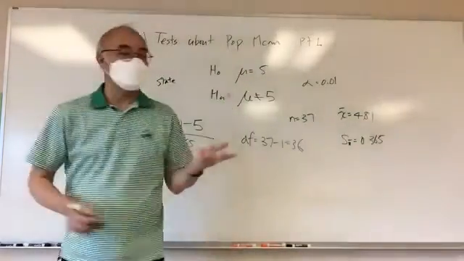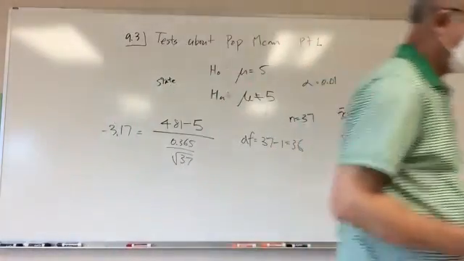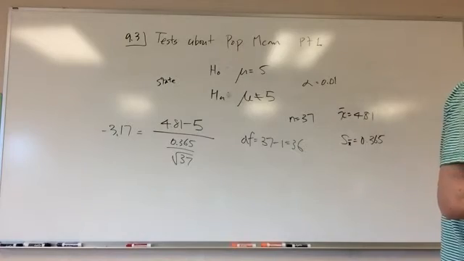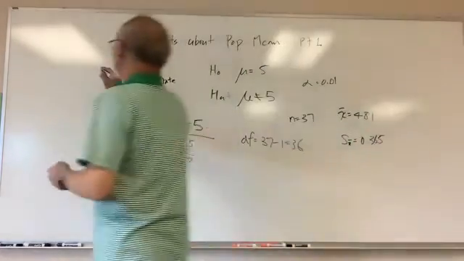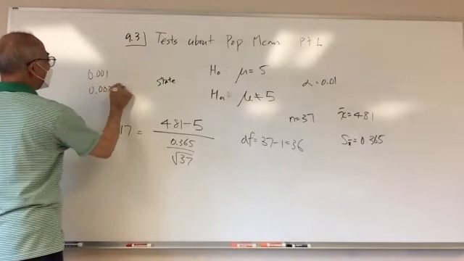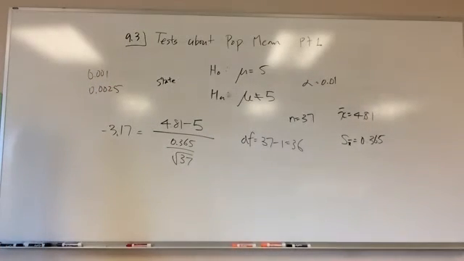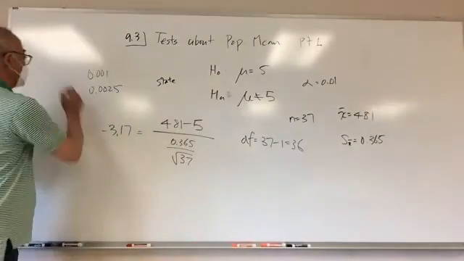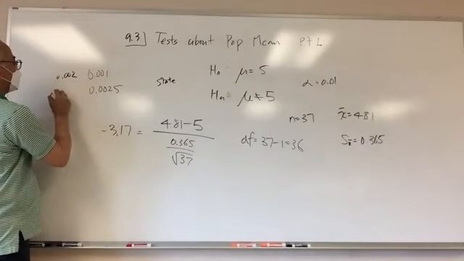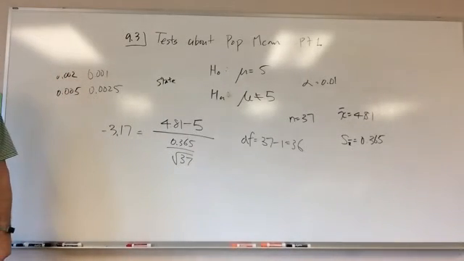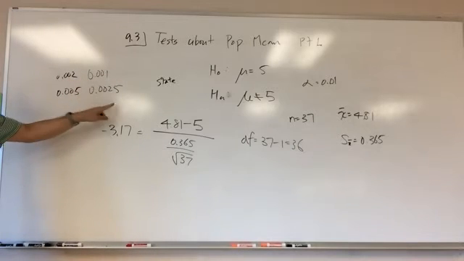So what is the p-value? Since it's between 0.001 and 0.0025, actually you have to multiply this by 2, correct? Because it's a two-sided test, there was a not equal to. So your p-value is going to be between this and that. I multiply this by 2, I get that; I multiply this by 2, I get that.